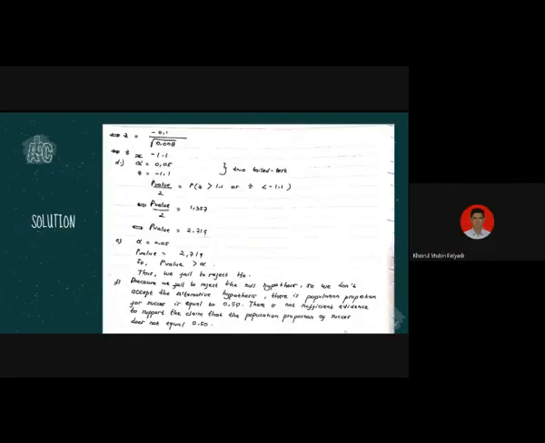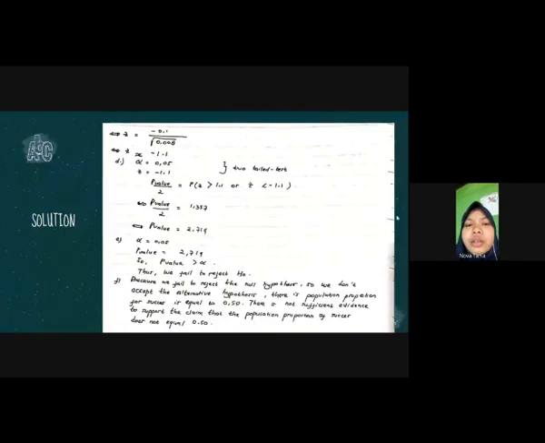Okay, thank you for the correction. The result p-value is 2.7114, and because alpha is equal to 0.05 and the p-value 2.713 is greater than alpha, we conclude that we don't reject the null hypothesis.